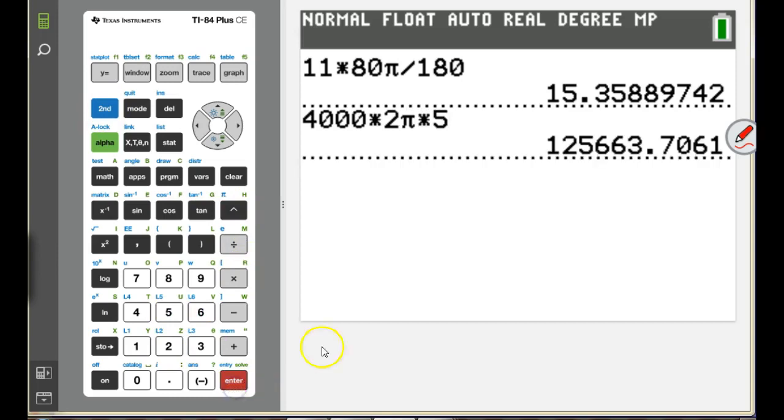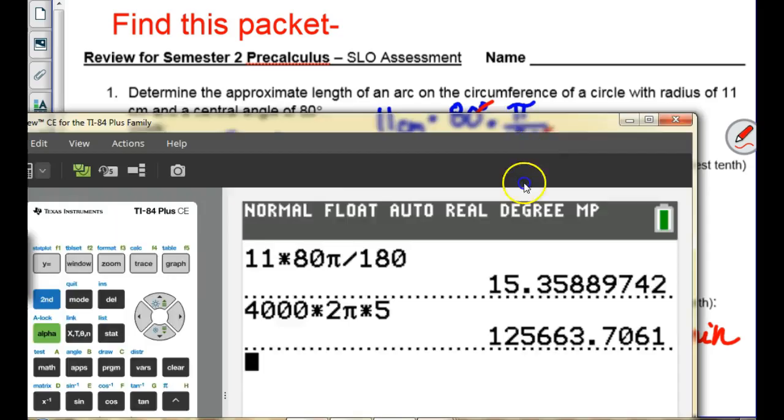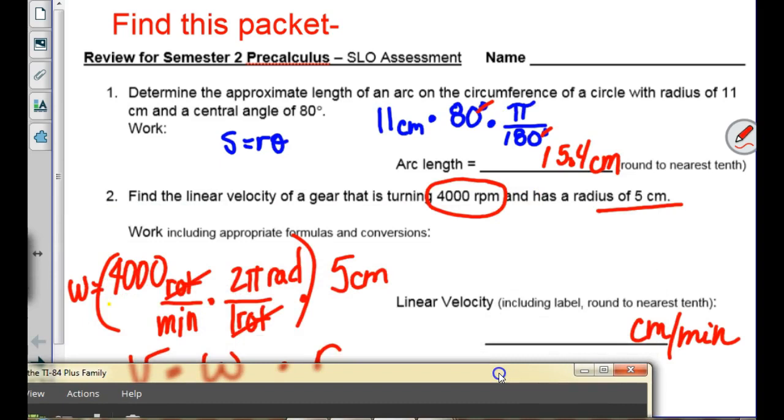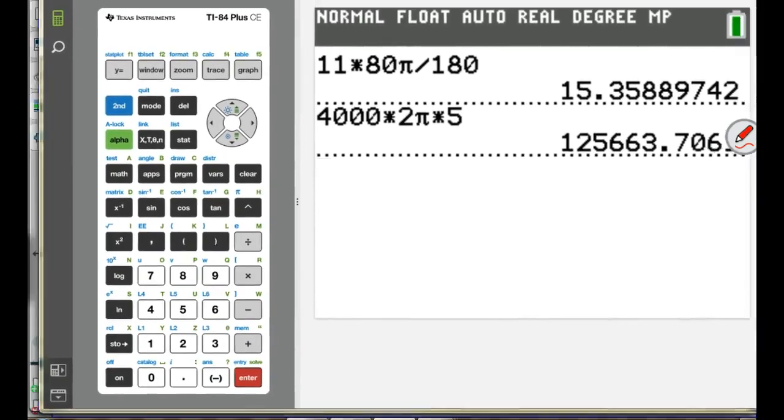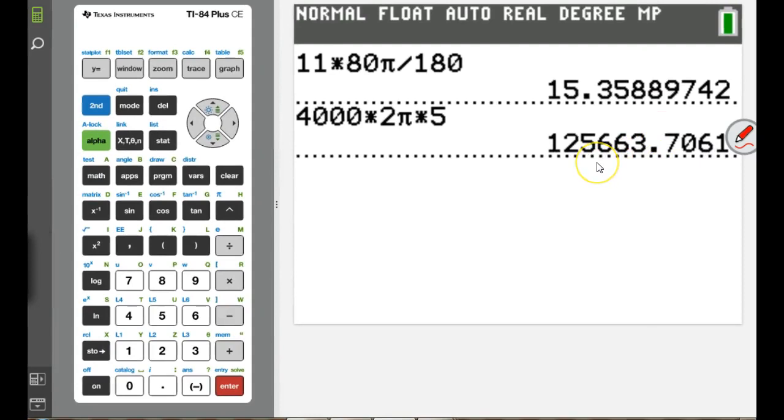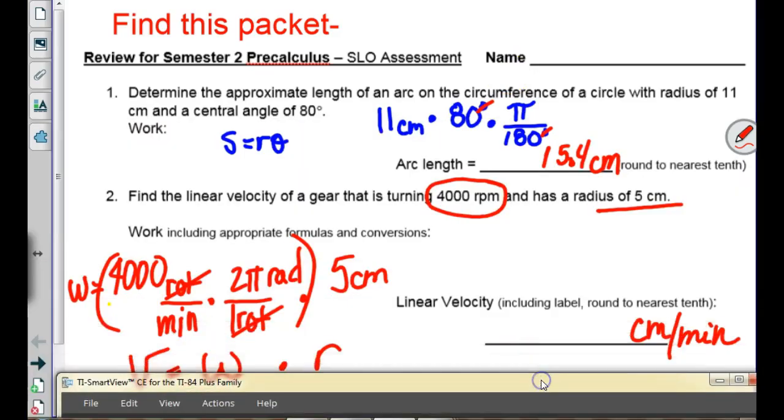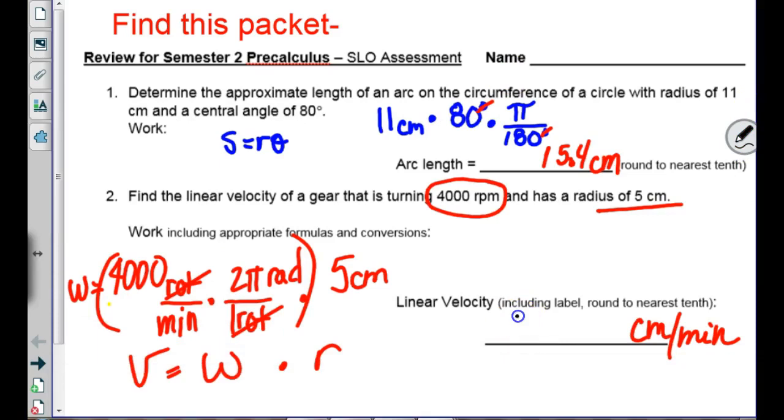If we had to change to seconds or something, or to hours, it would be another story, but it does not specify, so we can just put that ginormous number on there. 125,663.7. Not if it says to the nearest tenth, which it probably does.